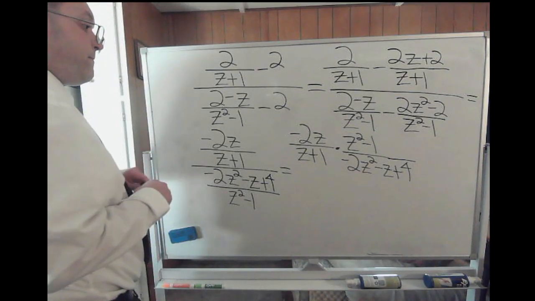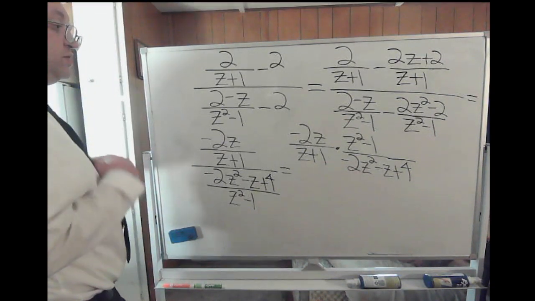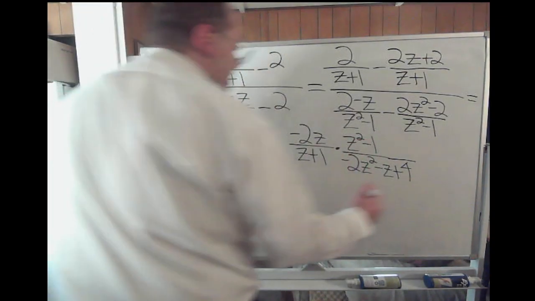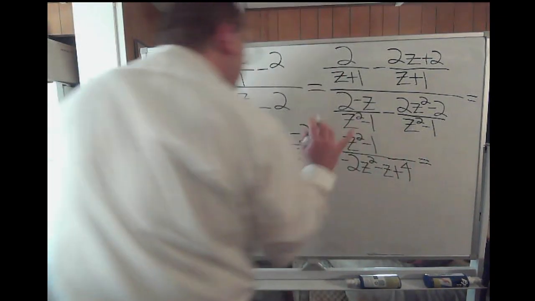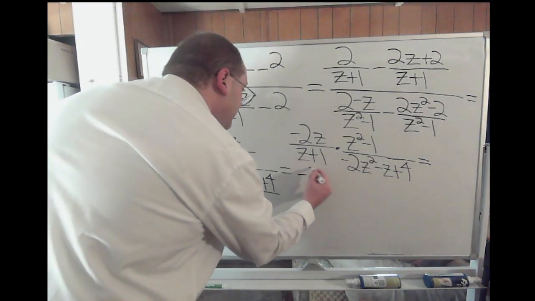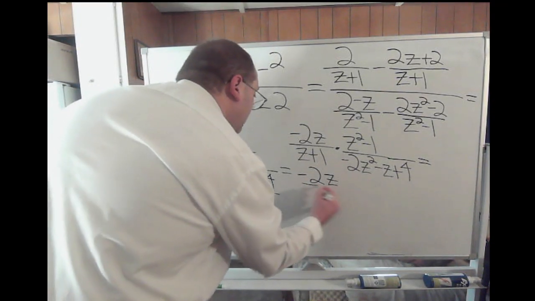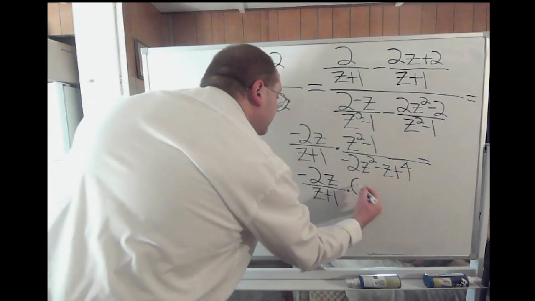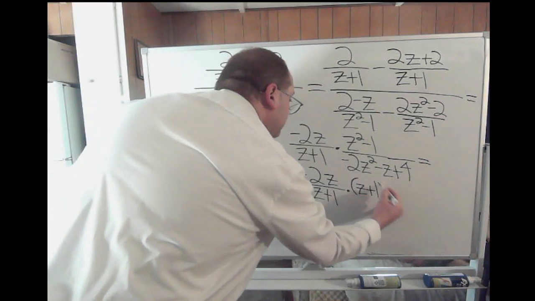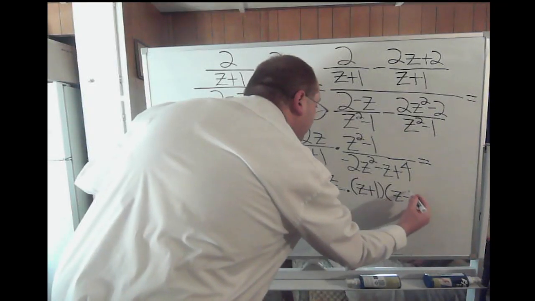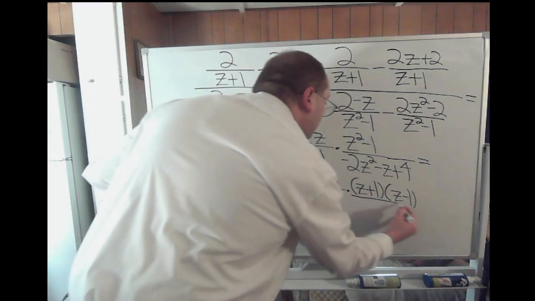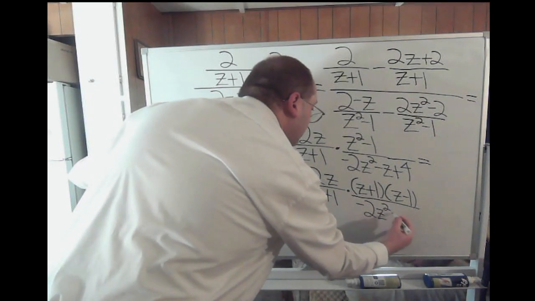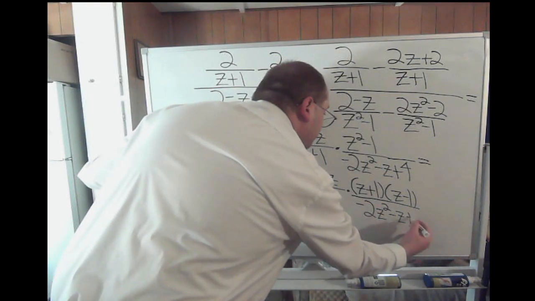Well, let's look here. We can definitely factor the z squared minus 1, right? We can definitely do that. You'd end up having negative 2z all over z plus 1 times your quantity of z plus 1 times z minus 1 all over negative 2z squared minus z plus 4.